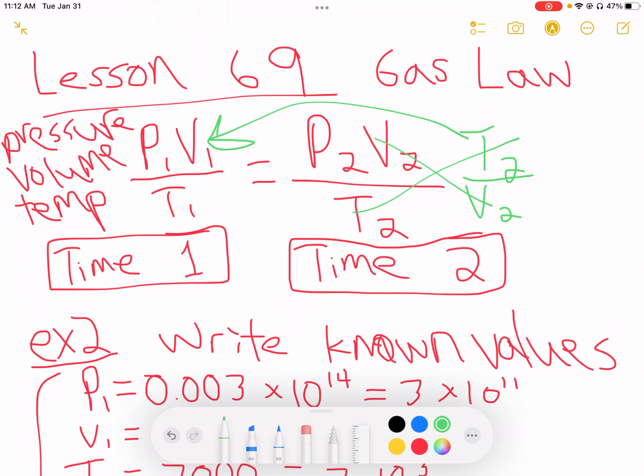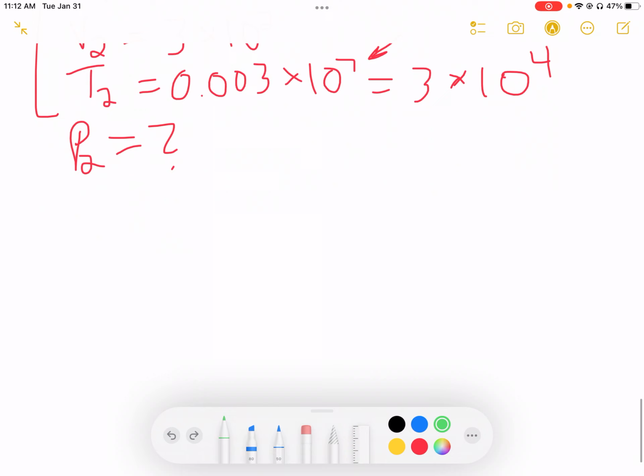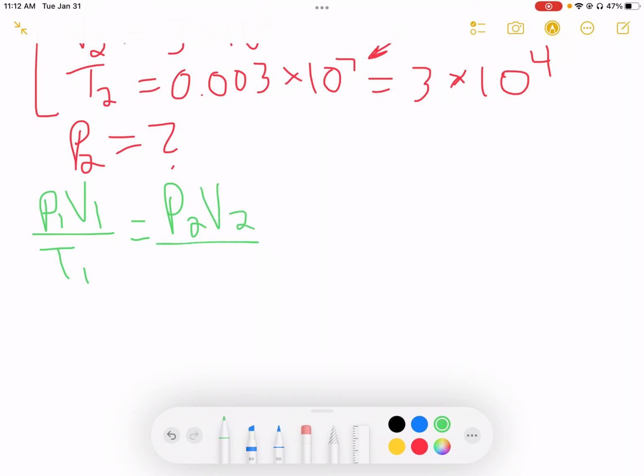Okay, so let's go ahead and maybe write it out a little more formally over here. P1 over T1 equals P2 V2 over T2. And then we'll show this. If I want P2, I'm going to do T2 on this side over V2, and then I'll do T2 on this side over V2, because my equation is a balance.